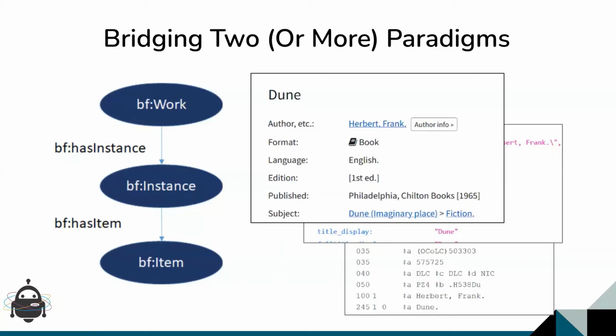First, let's try to understand how BIBFRAME relationships map to the catalog. On the left, you see a BIBFRAME work that has an instance, which also has an item. If we try to translate that into the library catalog, what does that mean?